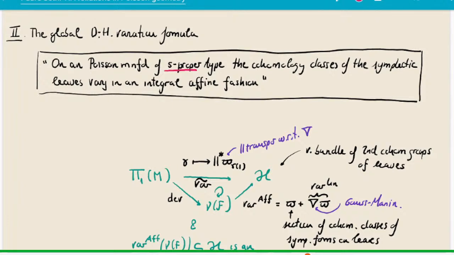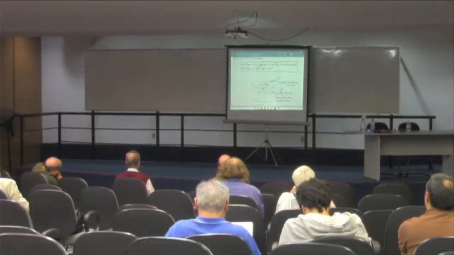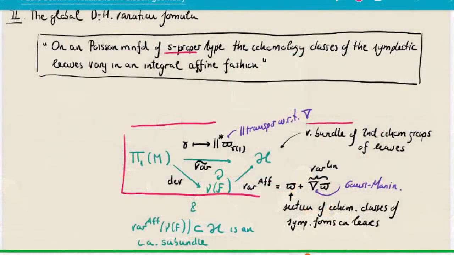Now, in this case, what's going to happen is that the cohomology classes of these symplectic leaves are going to vary in an integral affine fashion. More precisely, what one has is a commutative diagram.